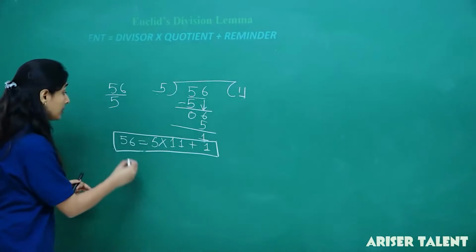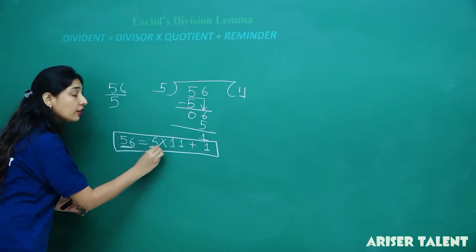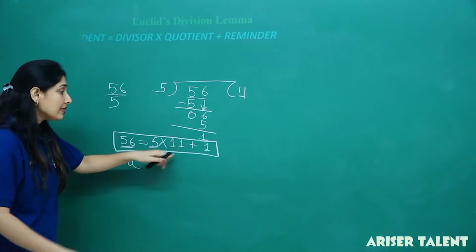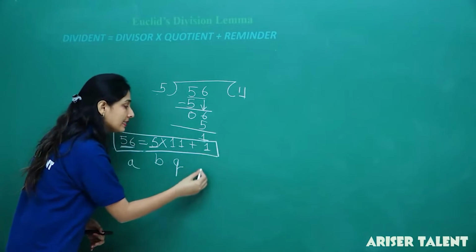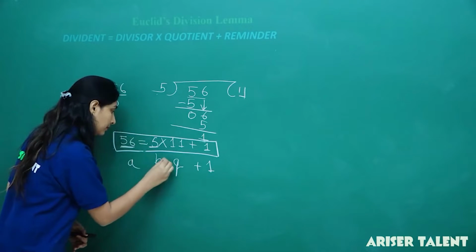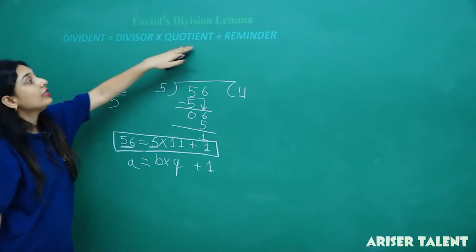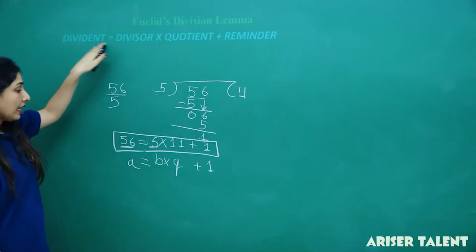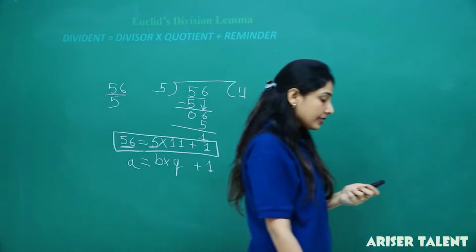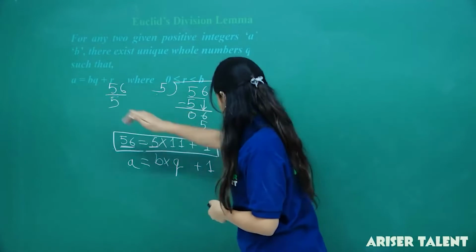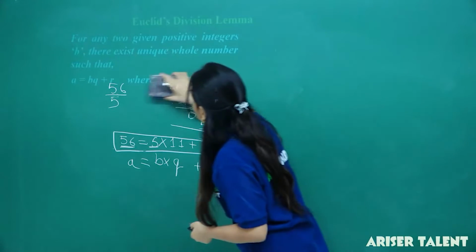Okay. These are two integers a and b, and this is our quotient and this is our remainder. You can see the same expression in Euclid's division lemma, which is here. Now see.